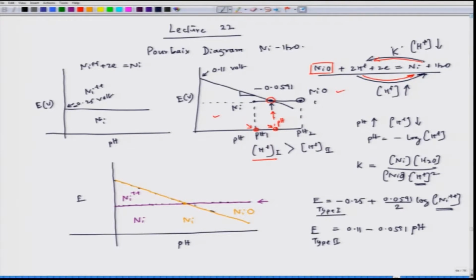Remember, for that we have to fix a certain concentration or activity of nickel ion. Let us say we fix this nickel ion activity to be 1. Then this point would definitely be minus 0.25.